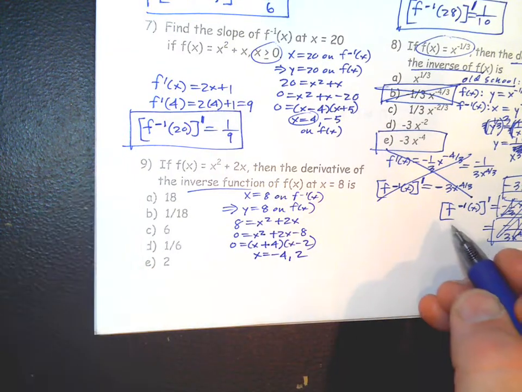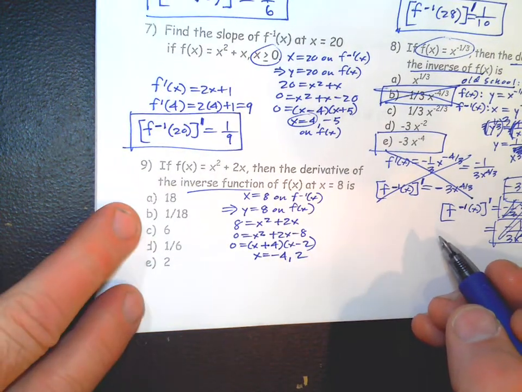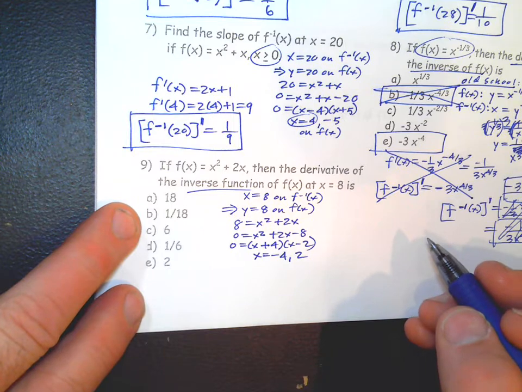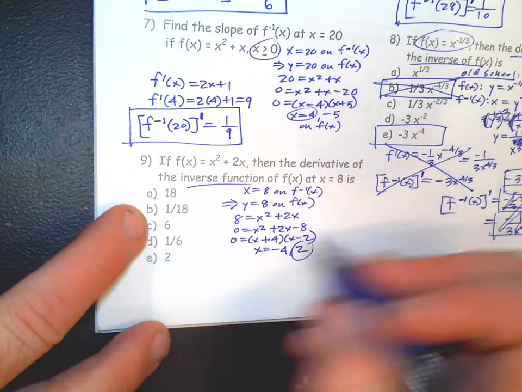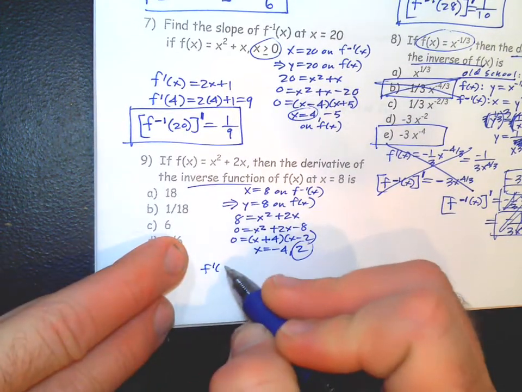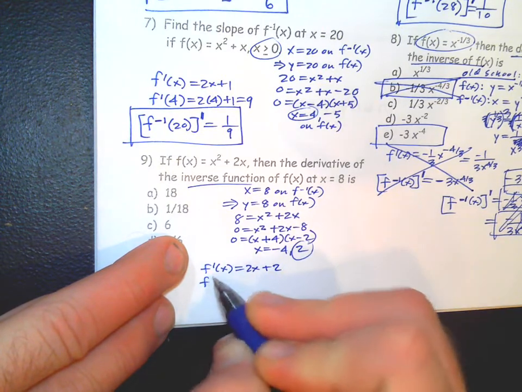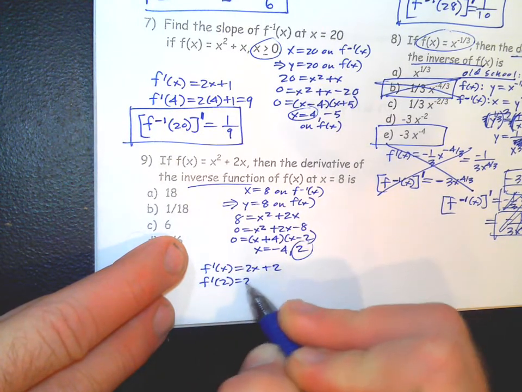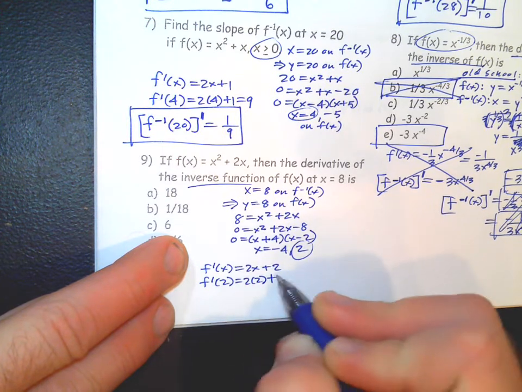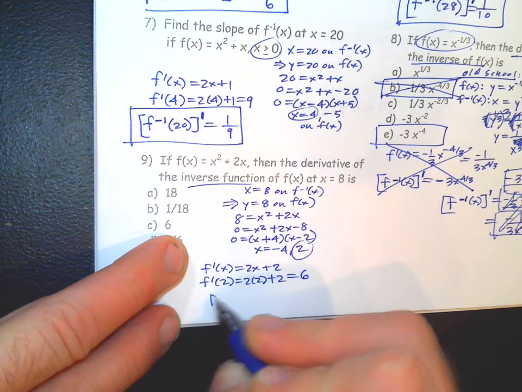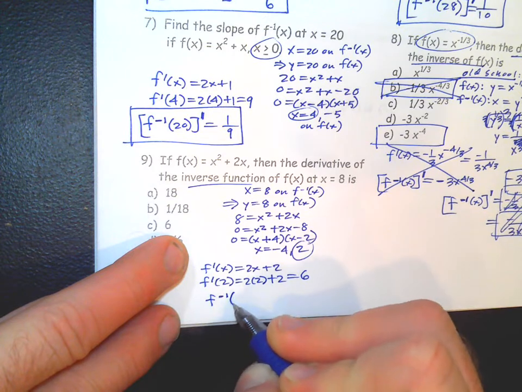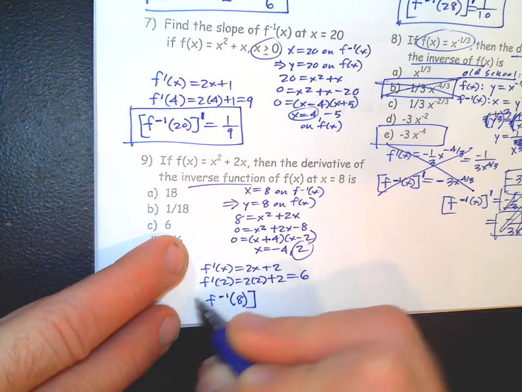Now, this doesn't have any domain restrictions, but all the answers are positive, so I'm assuming we're going positive. The derivative of the original function is 2x plus 2. And so if we plug 2 into that, we get 6.